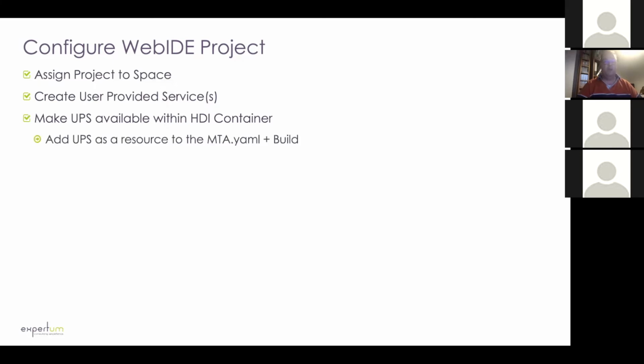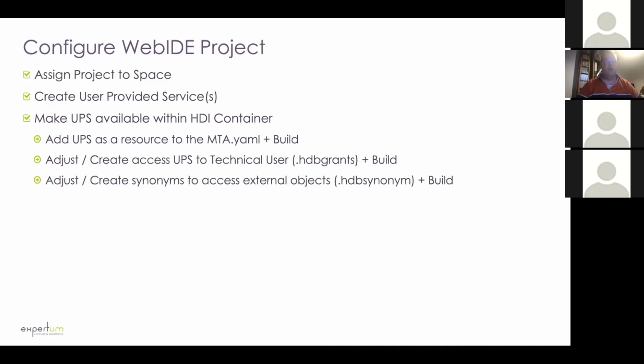So add UPS as a resource, build that, adjust or create the UPS in the HTTP grants file for the technical user, and also create synonyms to actually access those external objects. These files are generated for you. You just have to make sure that they point to the correct UPS, user provided services.